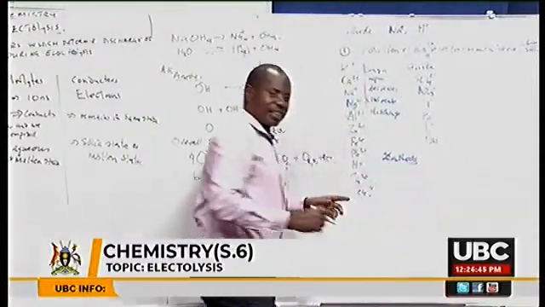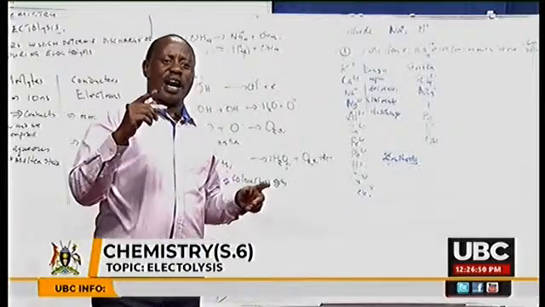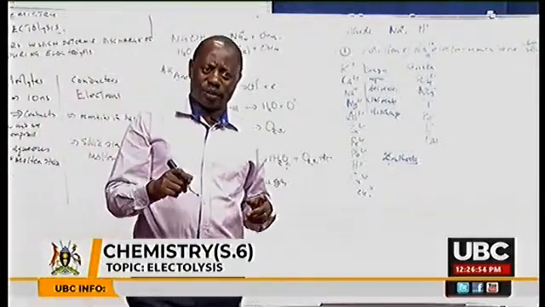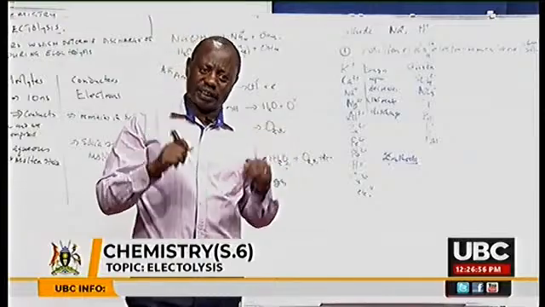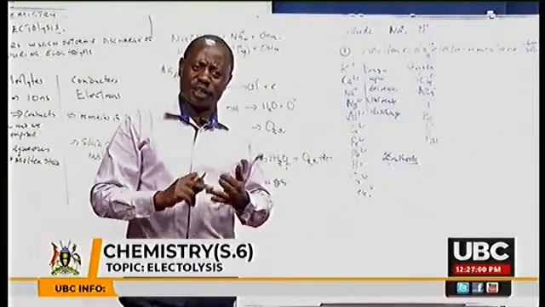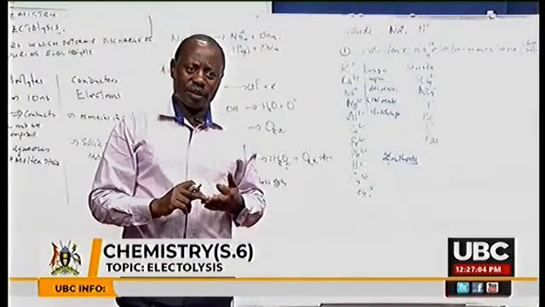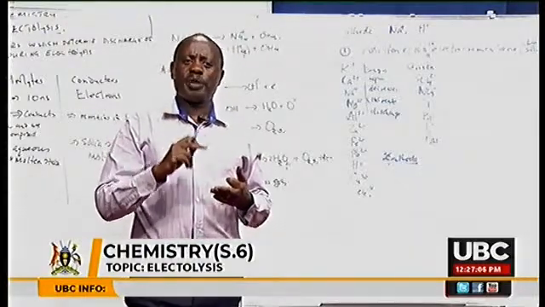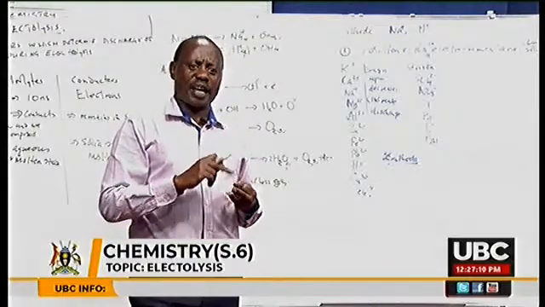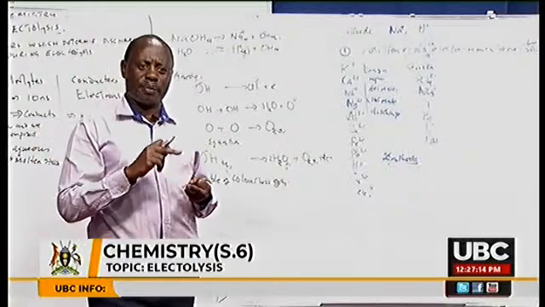So let's come now to the cathode. Both sodium ion and hydrogen ion will migrate to the cathode because they are positively charged. But not all of them will be discharged. Instead, hydrogen ions will be discharged in preference to sodium ions.